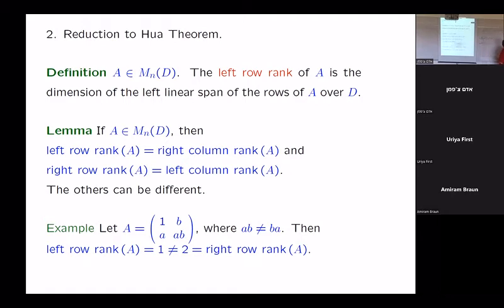Let me just show you briefly how it works. For example, it turns out that this condition, that your map preserves the determinant, so the determinant of the image is always equal to the determinant of A, is sufficiently strong.